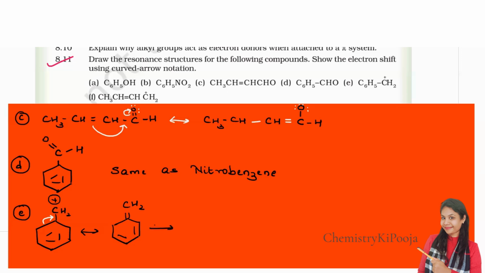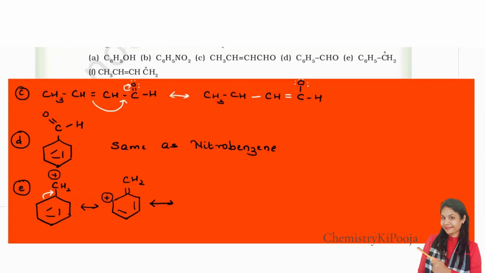In the next one, there will be a plus charge over here, right? Now the next bond we are going to shift. This bond will shift to the adjacent bond, so this will be CH2. Remember, you can also carry this out in two steps: shifting here, there will be a negative charge, and this negative and plus will combine together to give a bond over here.